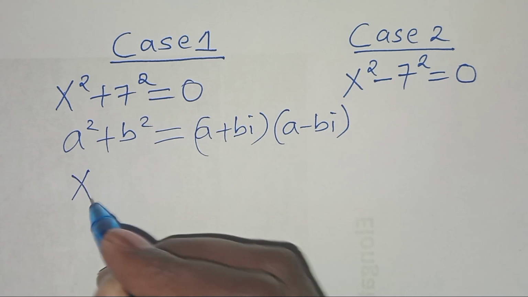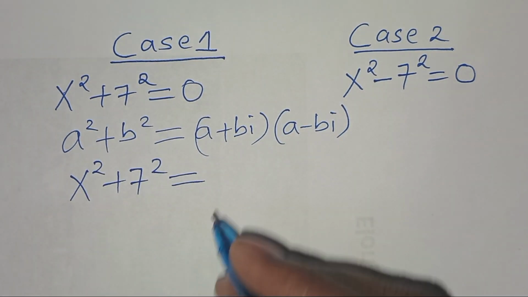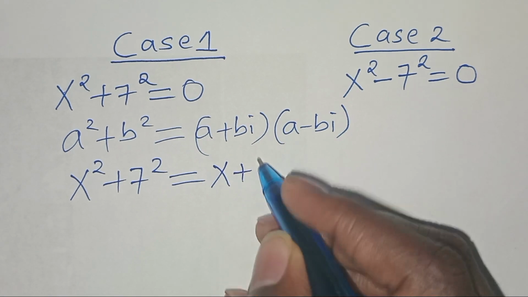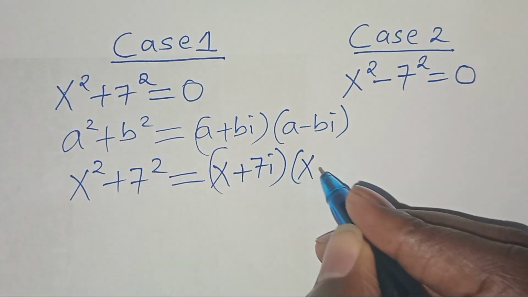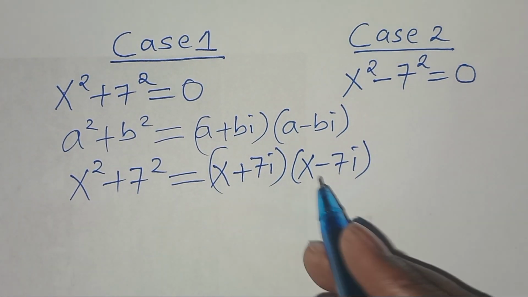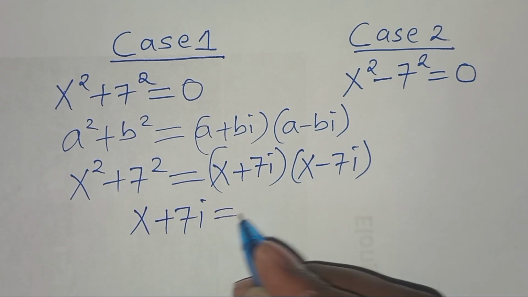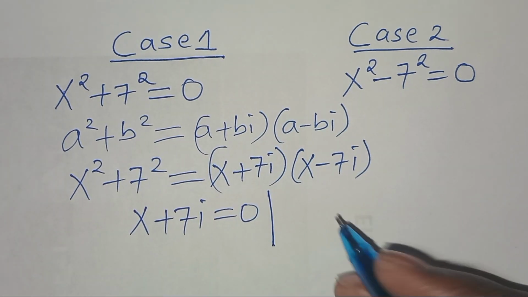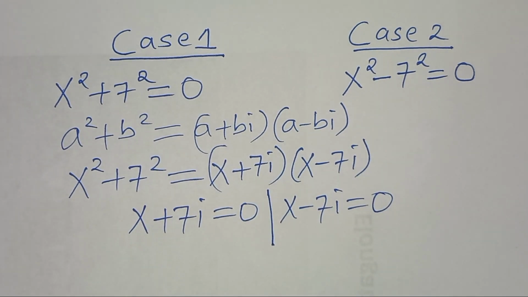So therefore, x squared plus 7 squared can be expressed as x plus 7i, and x subtract 7i. So we have x plus 7i equal to 0 as the first part, and x minus 7i equal to 0 as the second part.